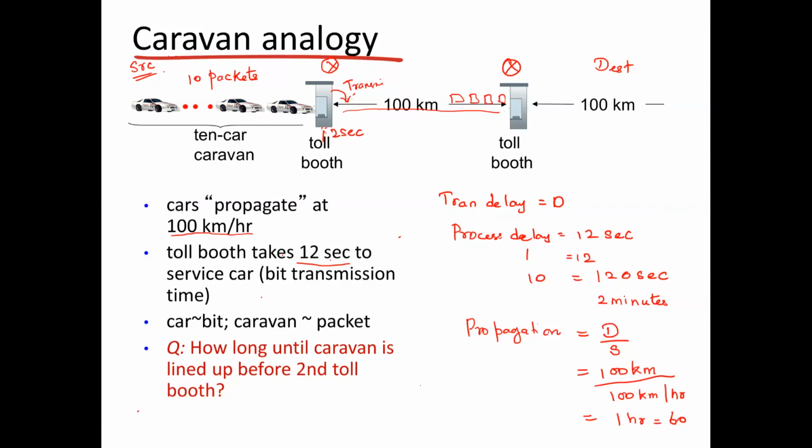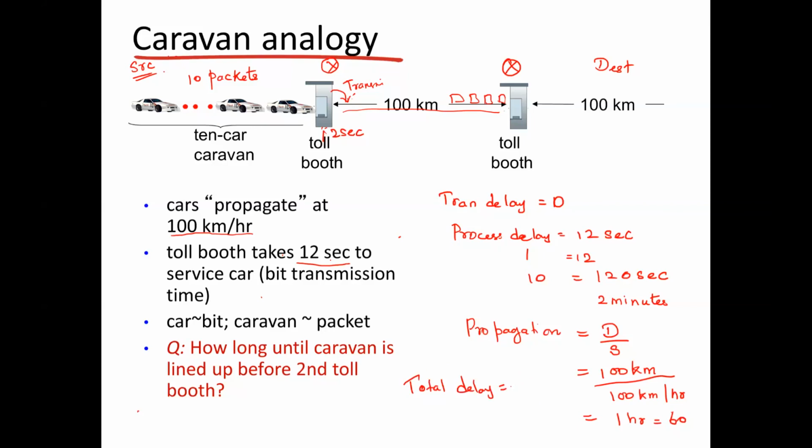So what is the total delay now? Is there any queuing delay in this problem? Is any information given regarding queuing? No, right? Therefore, the total delay is equal to the sum of all 4 delays.